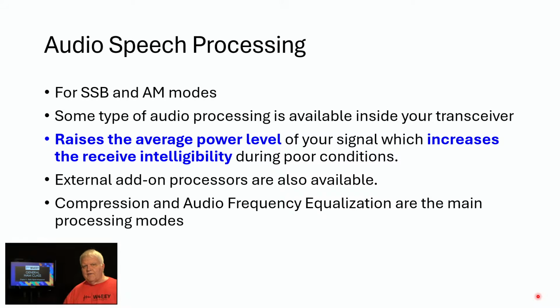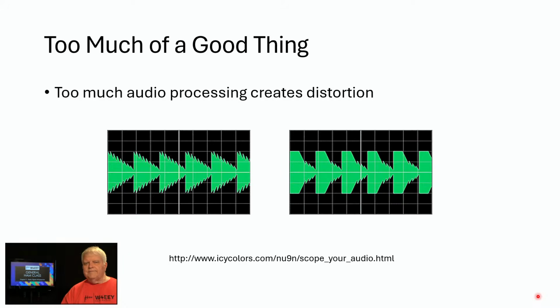Audio speech processing. Too much of a good thing is no good either. Now, audio speech processing is done in your transceiver, and it's done for a purpose. It raises the average power level of your signal, which increases the receive intelligibility at the receiving location. So you can have compression and audio frequency equalization or some of the adjustments that you may have, but too much of a good thing also can cause distortion.